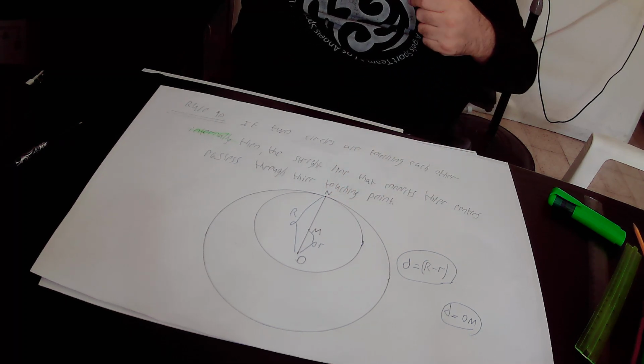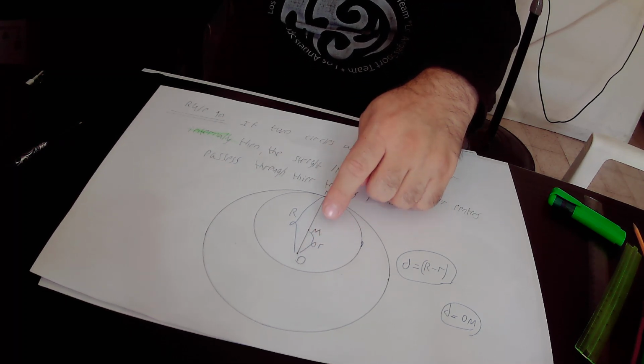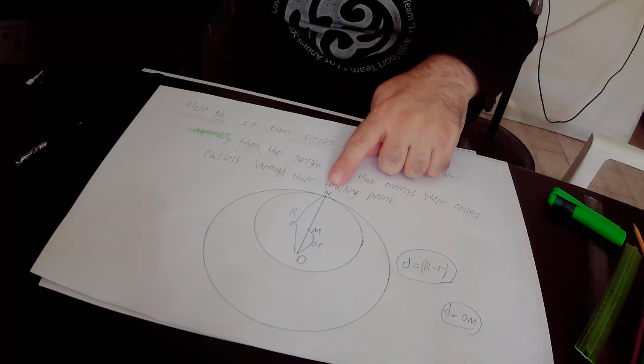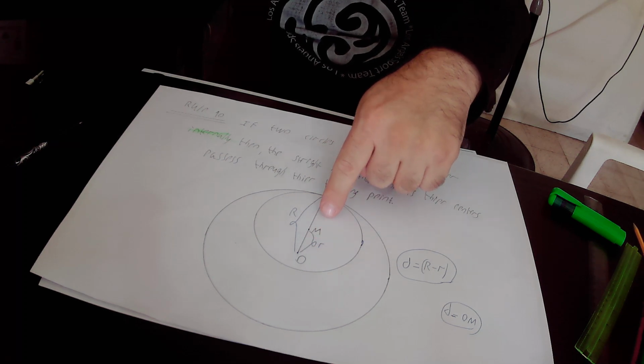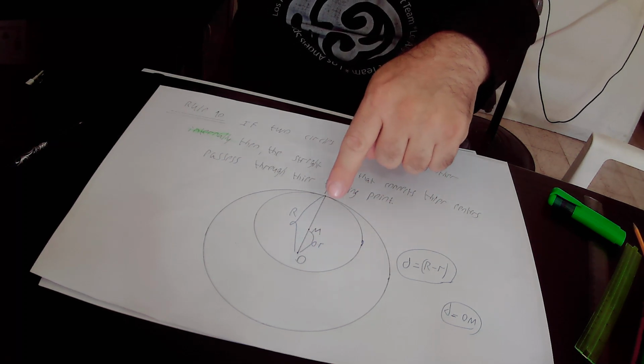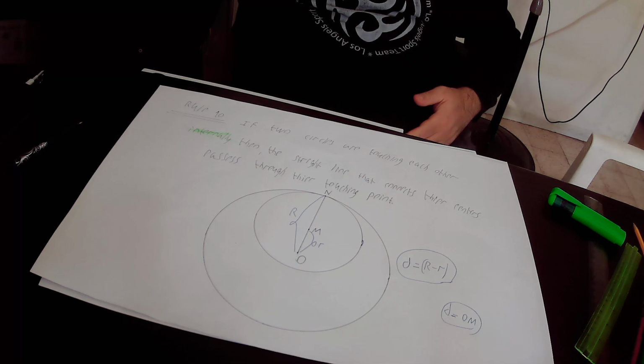According to rule number 10, the straight line OM must pass through point N, their touching point. That is to say, OMN is one straight line.